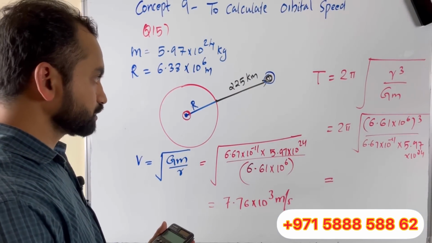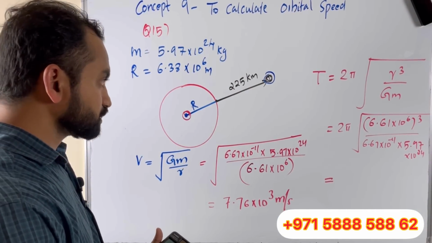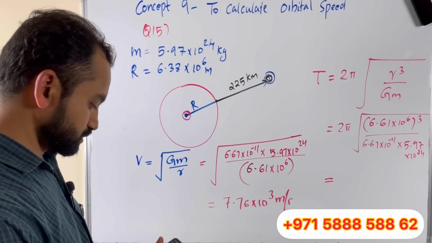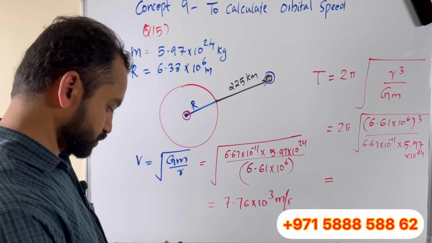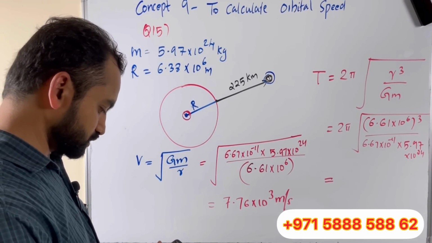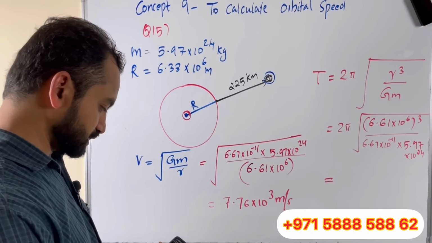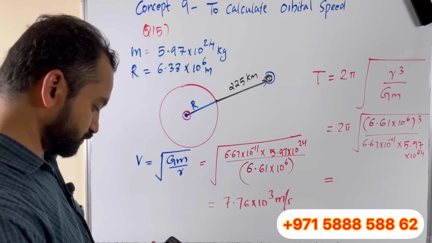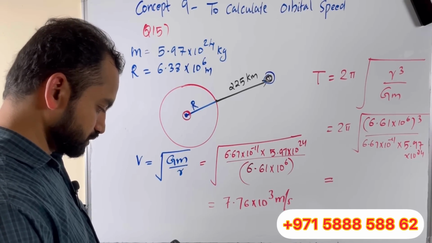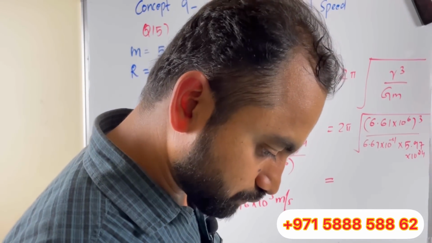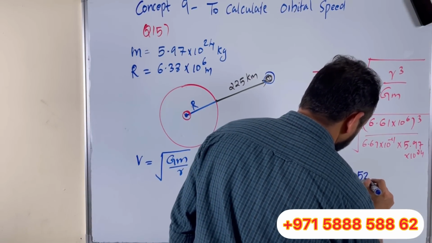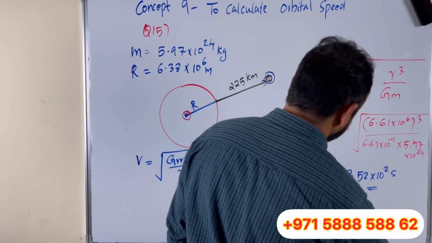Equals square root of 6.61 times 10 to the power 6, bracket close, cubed, divided by 6.67 times 10 to the power negative 11 times 5.97 times 10 to the power 24, which equals 8.52 times 10 to the power 2 seconds.